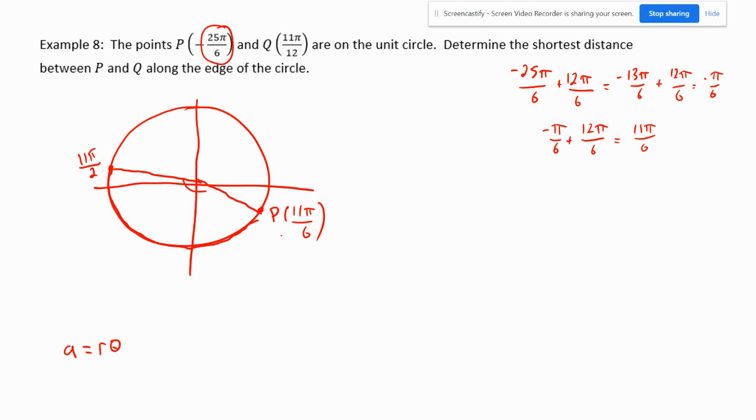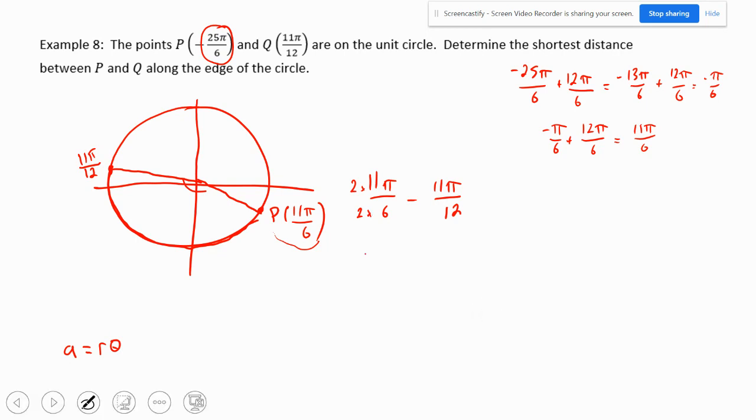To do that, I'm going to take this angle, 11 pi over 6, and subtract 11 pi over 12, not 2, guys. Subtracting those two values should give me this angle here. I'm going to multiply 11 pi over 6 by 2 to get a common denominator of 12.